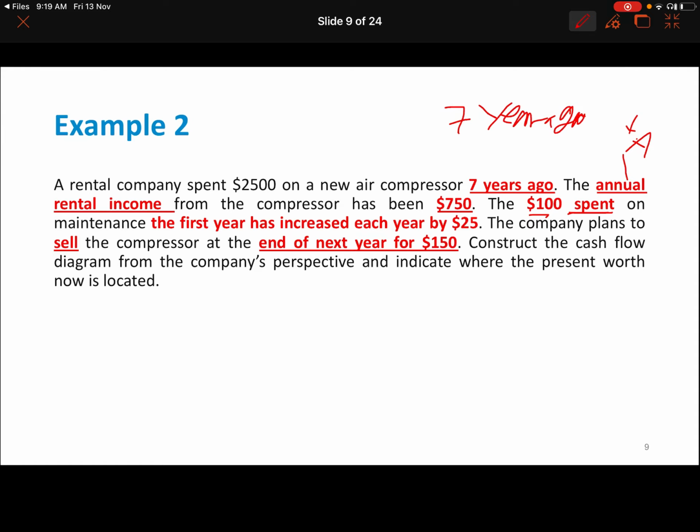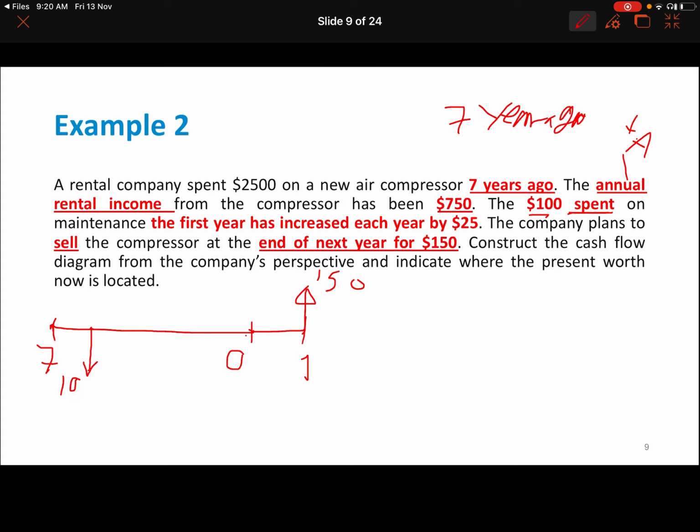Now means he said 7 years ago, so from 7 to now. Then 1 year later, he will sell it, but he must pay $100 on the first year, increased each year, from the seventh year here, something like this.